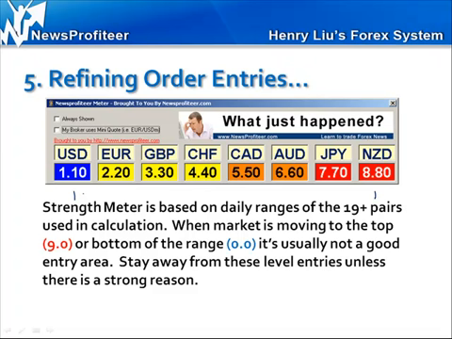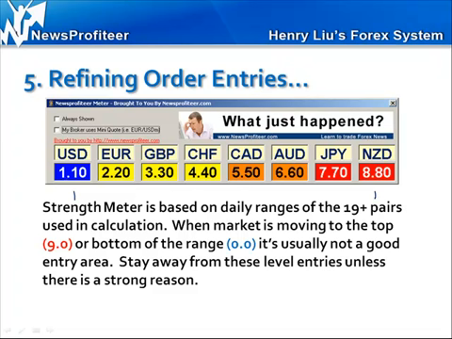So you add all of those ranges up together, and then you take out some of the extreme ranges, and then you average them. And with the average, we came out with all of these numbers, from 1 to 9. 9 being the strongest and 1 being the weakest. And as you can see, weak goes with blue, and then yellow.